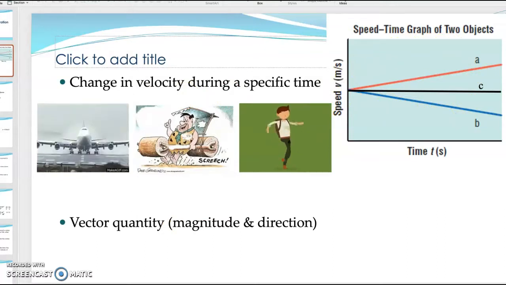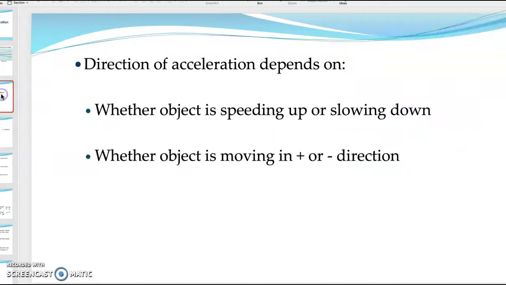You're going to read them with time on your x-axis and speed in meters per second on your y-axis. What's going on is if something's speeding up or slowing down, and if it's moving in a positive or negative direction. Positive and negative direction just means forwards and backwards.